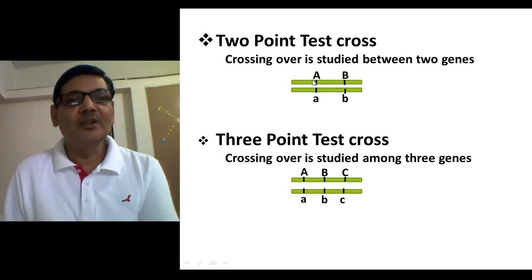When we are studying crossing over between two genes like A and B, since these are two genes, that will be considered a 2-point test cross or 2-point crossing over. And when we study crossing over between three genes like A, B and C, that will be referred to as a 3-point test cross.